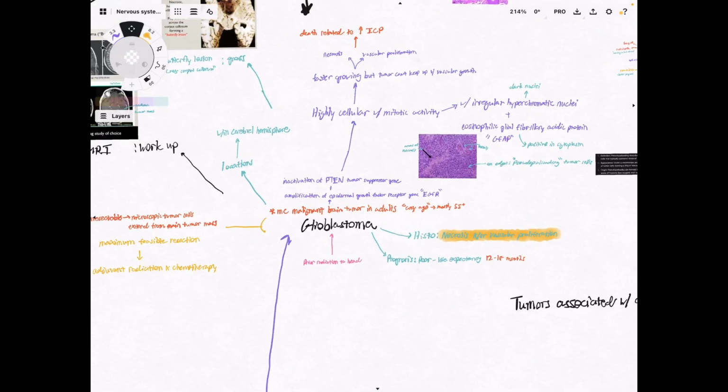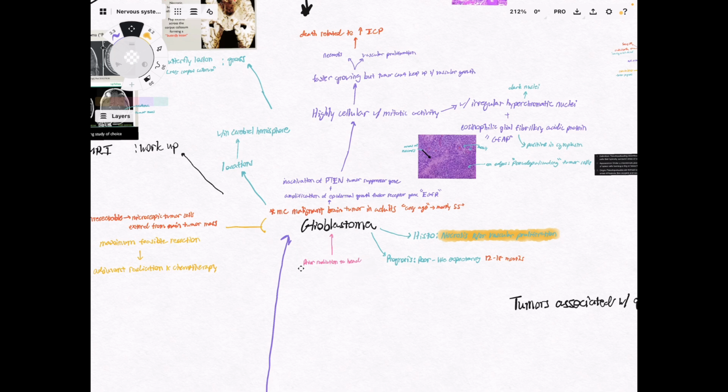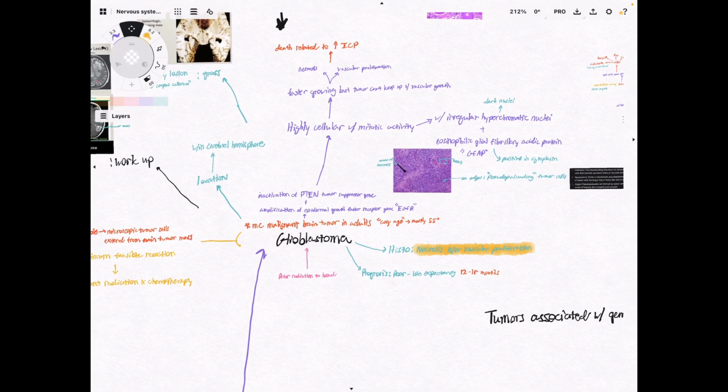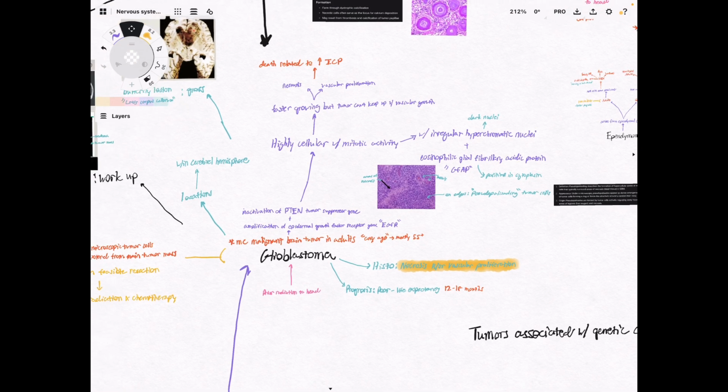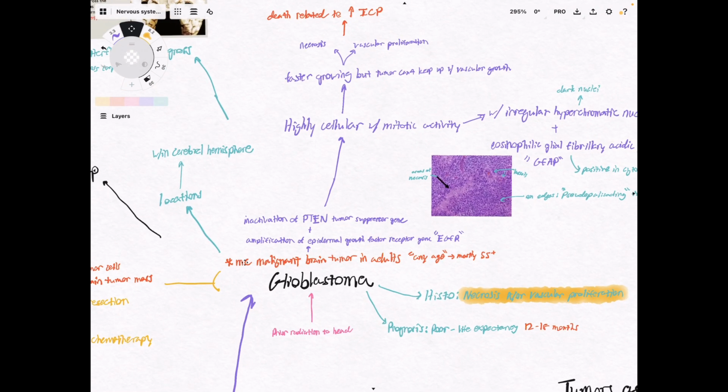So moving up to glioblastoma, let's talk about some of the etiologies of it. Again, we've already discussed this, but prior radiation to the head is the most common cause. The histology of a glioblastoma is necrosis and/or vascular proliferation. So this tumor is going to be growing very fast. If we look at the pathophysiology, you're going to see amplification of the epidermal growth factor receptor gene.